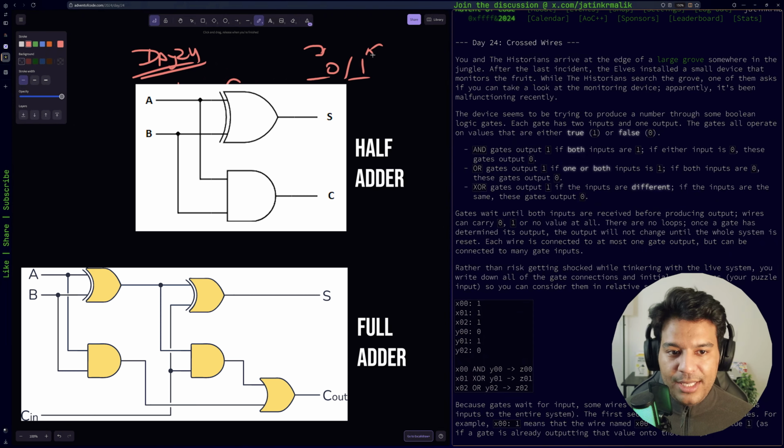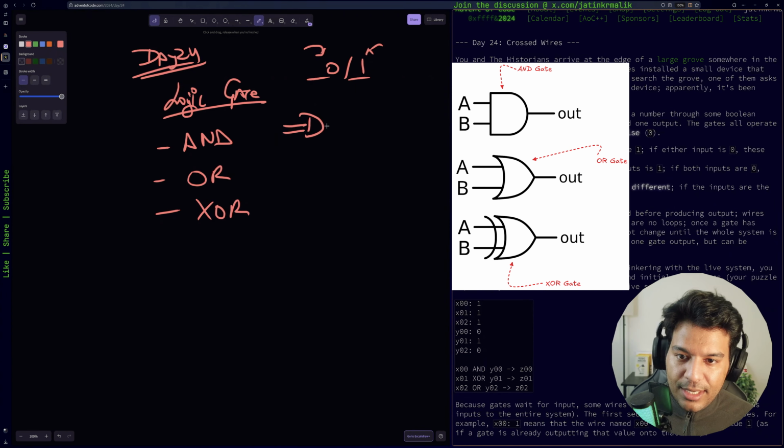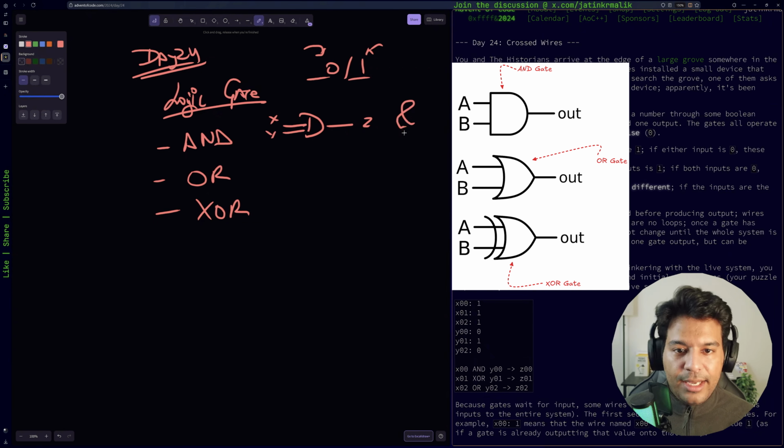Talking about these gates here, we have the AND gate that looks something like this, where it takes X, Y and it outputs Z. In computing, you can represent this by 'and' if you're using Python, or the ampersand sign. The OR gate looks something like this, if I'm not wrong. It's been so many years since I made these.